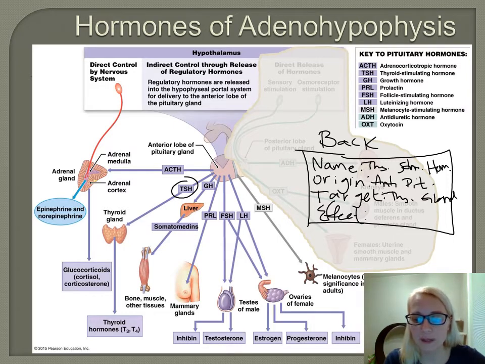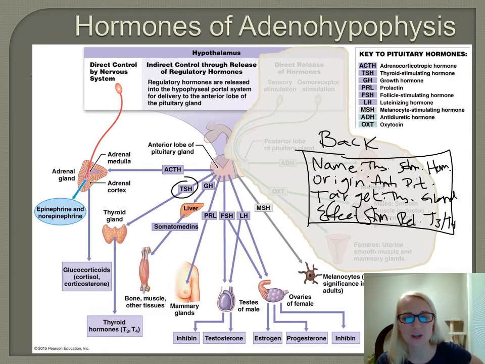And the effect would be stimulates the release of T3 and T4, or thyroid hormones, however you want to word it. I just had to cram everything on this little drawing. So that is what your flashcards might look like: the abbreviation on the front, and the name, the origin, the target, and the effect on the back side.